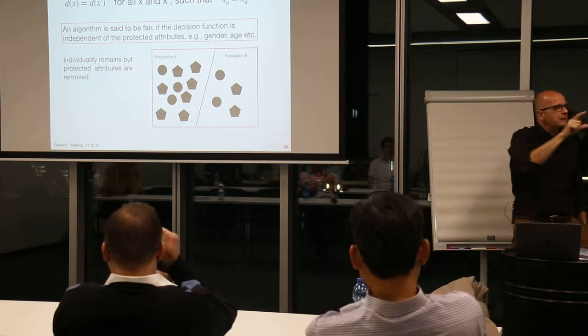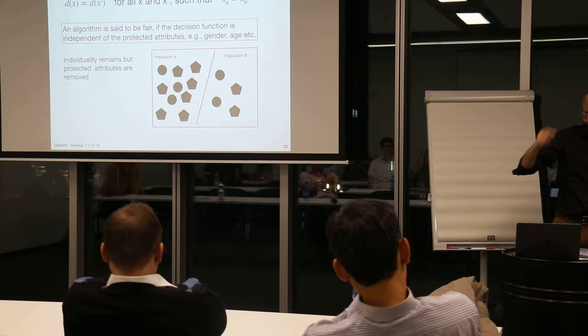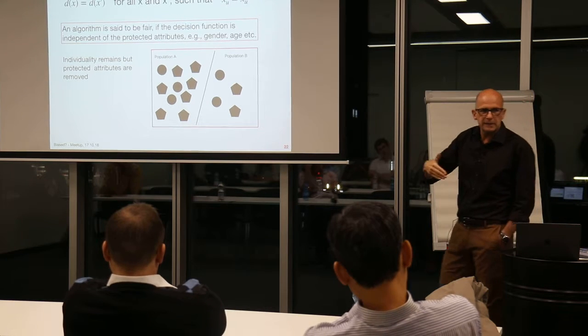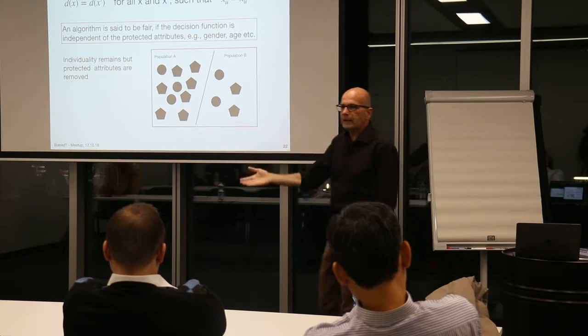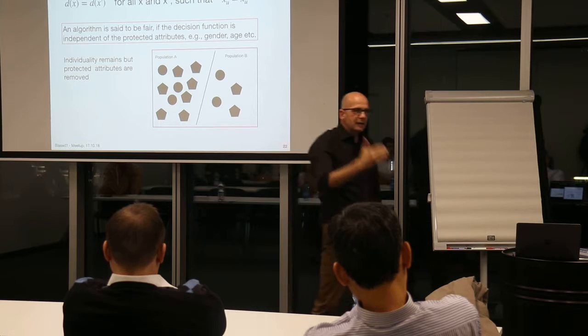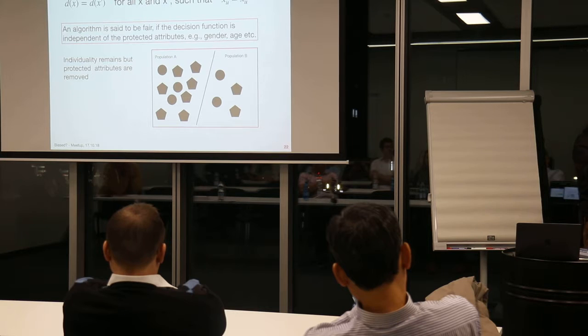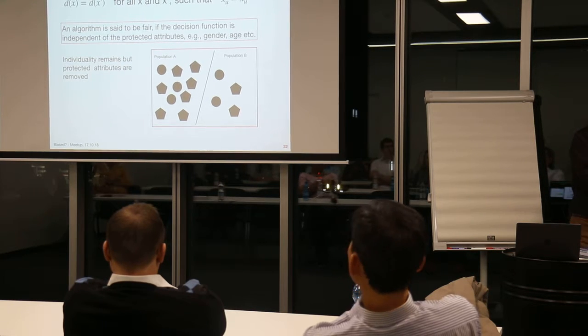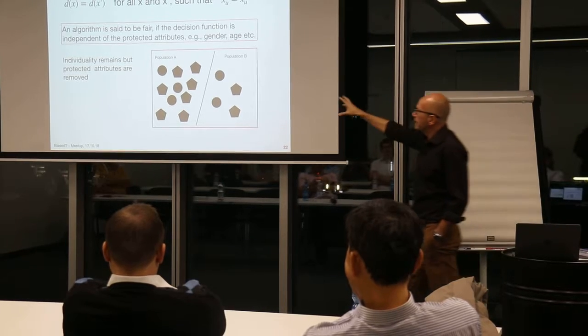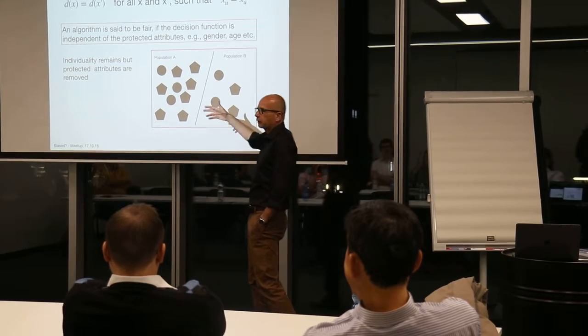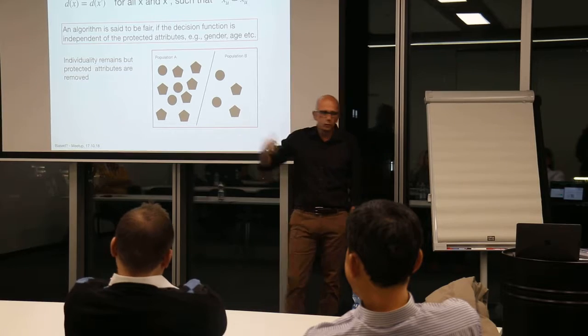So it might be that even if the system does not know that the CV belongs to a woman or a man, what is written in the CV lets the algorithm somehow make this relation. And that's a problem again. So this kind of thing is very simple: you just remove some data and you do your classification.